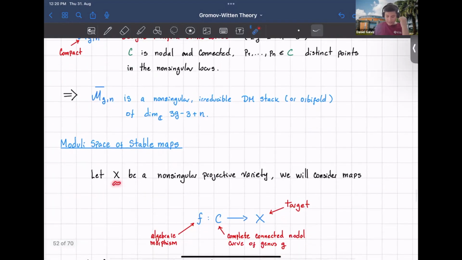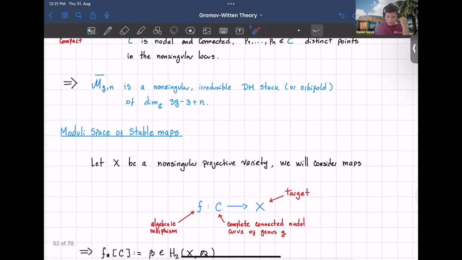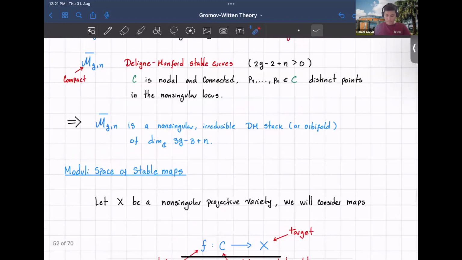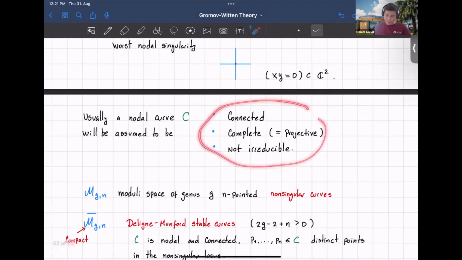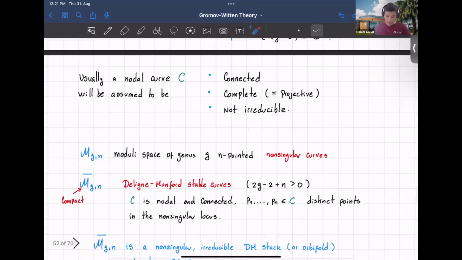Let X be a non-singular projective variety, then we will consider these maps. f is an algebraic morphism that takes our curve C and embeds it into X, the ambient target space. C is a complete connected nodal curve of genus g, with the requirements that we ask.